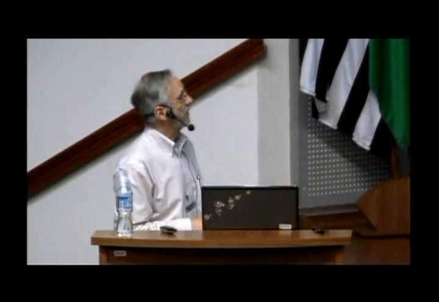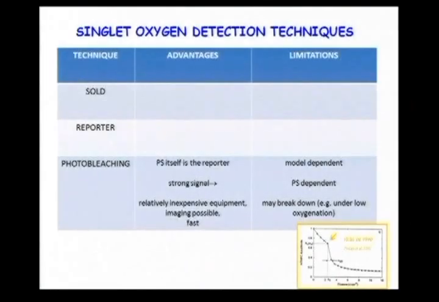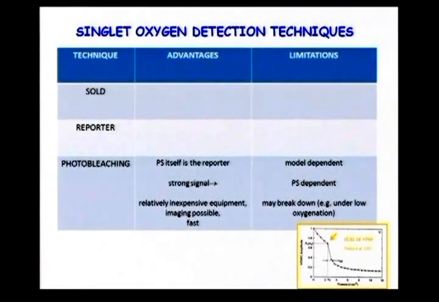So this is nice. The photosensitizer is itself the reporter, so it does not need another molecule. You have a nice strong signal, relatively inexpensive, imaging possible and fast. It is dependent on a model, so you need this photophysical model, and models are always as good as the assumptions. It does depend on the sensitizer, whether or not the model is correct, and it may break down under low oxygenation.